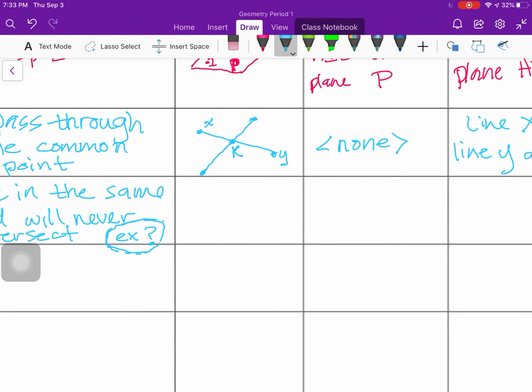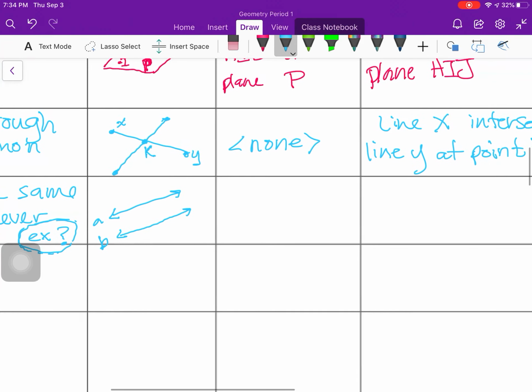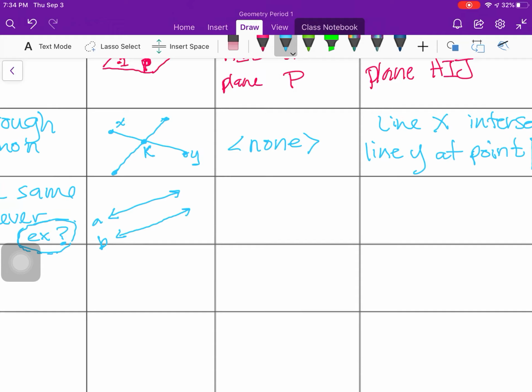If we have a line here, we're going to call that line A. It's going to be straight with line B. So those two are never going to cross paths, ever, ever, ever, ever.